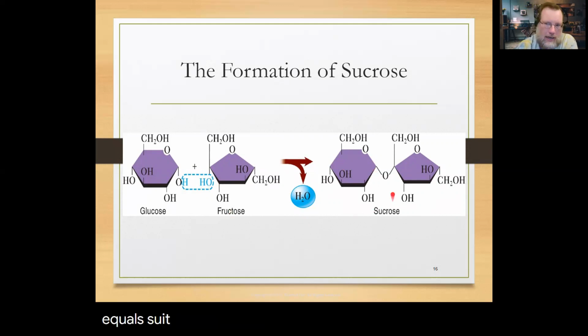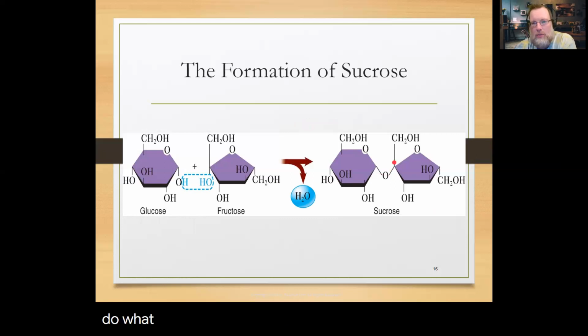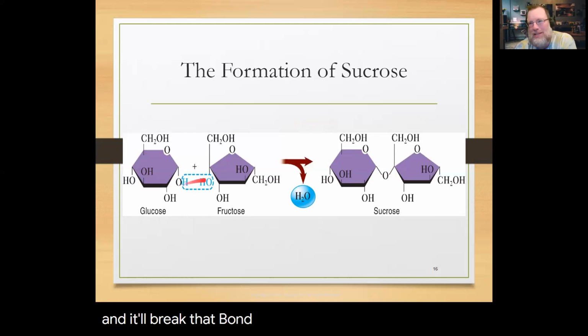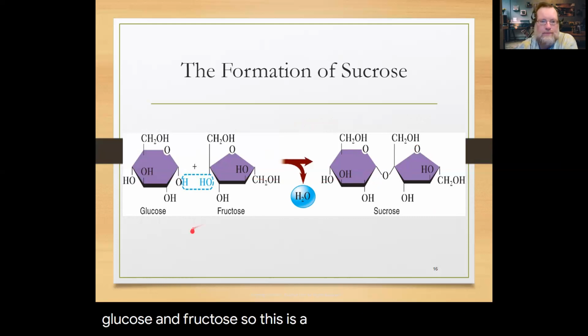And again, we can go the opposite way and do what's called hydrolysis. We can add water to this, and it'll break that bond, as well as some enzymes. Sucrase enzyme and water will break that bond and create glucose and fructose. So this is a reversible reaction.